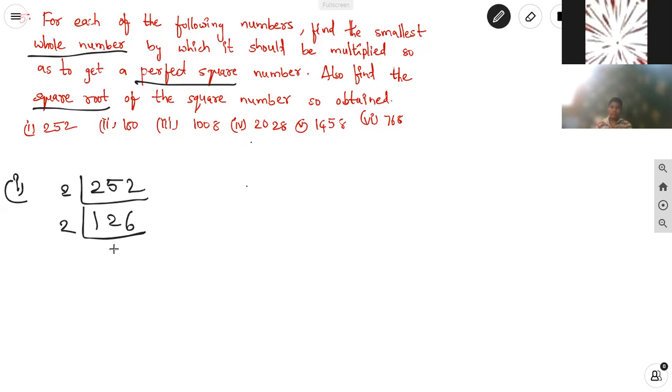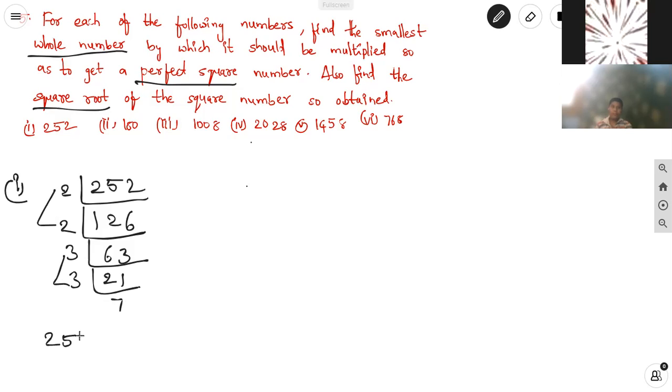The same way, 2 6s are 12, 2 3s are 6, 3 2s are 6, 3 1s are 3, 3 7s are 21. See here, 2 is in pair, 3 is in pair, but 7 is not in pair.